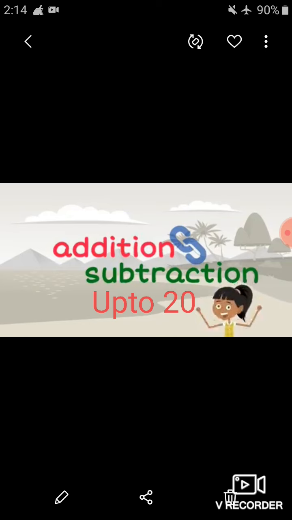Now we are going to study about addition and subtraction up to 20.